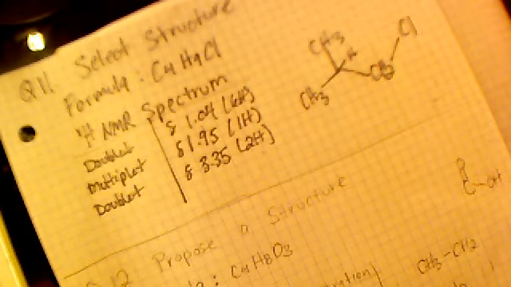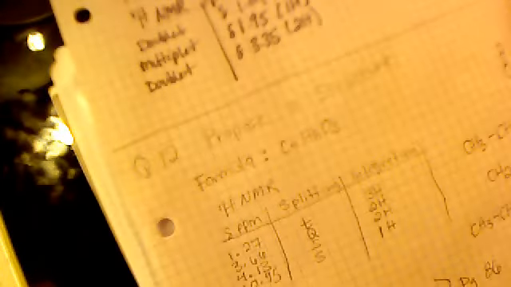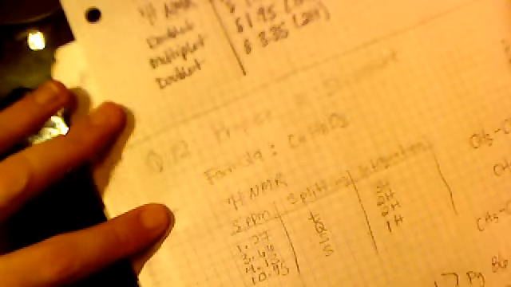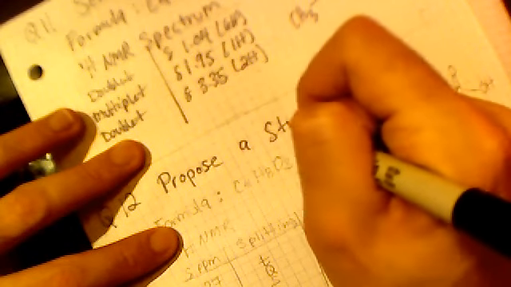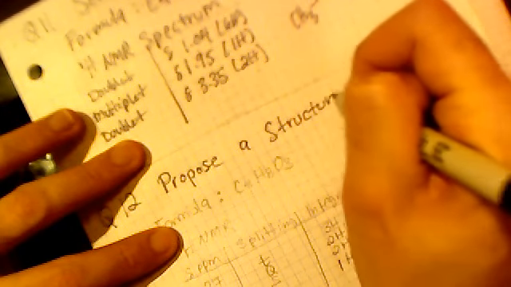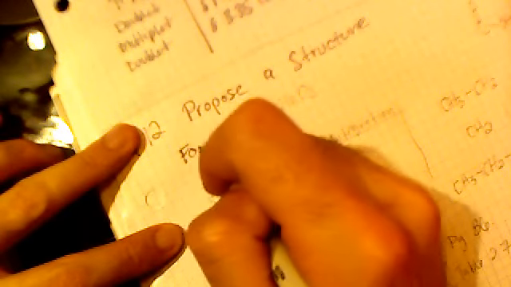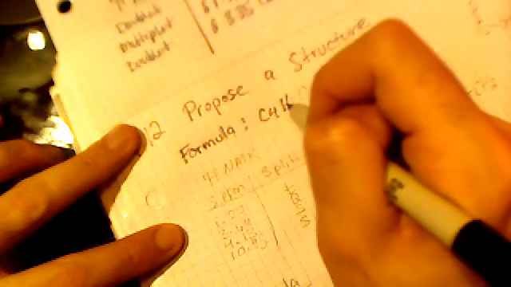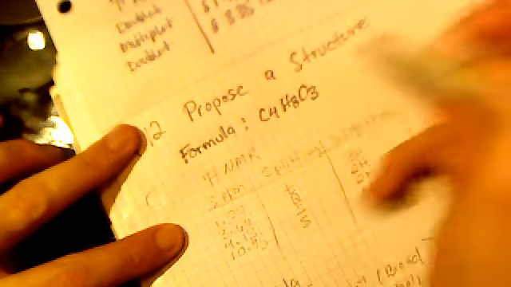Alright, so question number 12 was pretty cool, but there was something tricky about it. Again, they want us to propose a structure. They give us a formula, C4H8O3, right?